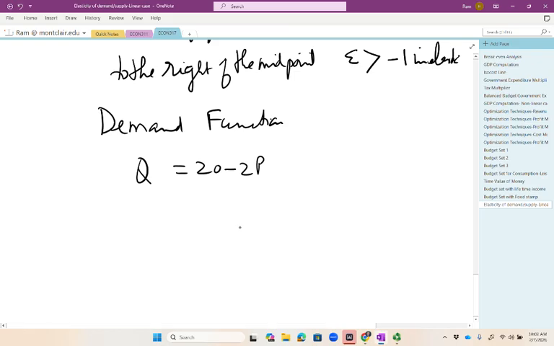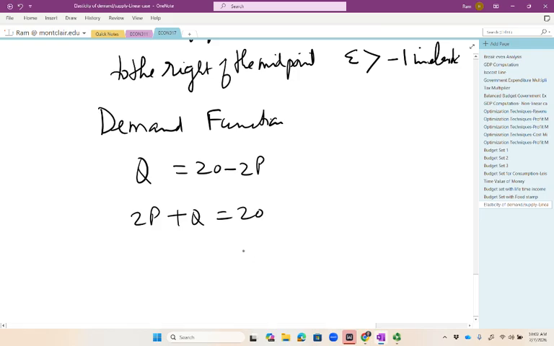Remember, in the formula, I have to find out the slope of the inverse demand function. So let's make the transformation such that we have P on the left hand side and Q on the right. I move this negative 2P from right to the left, and it turns out as positive 2P plus Q equal to 20.